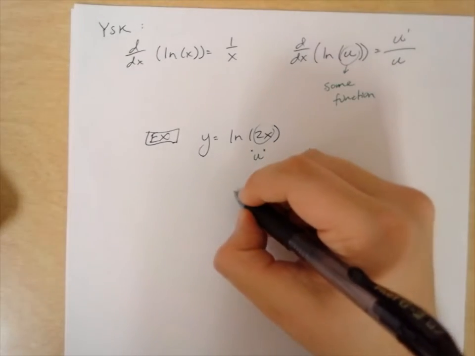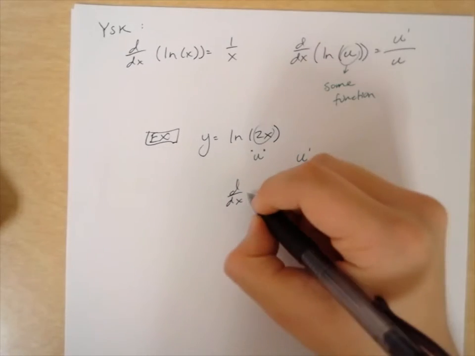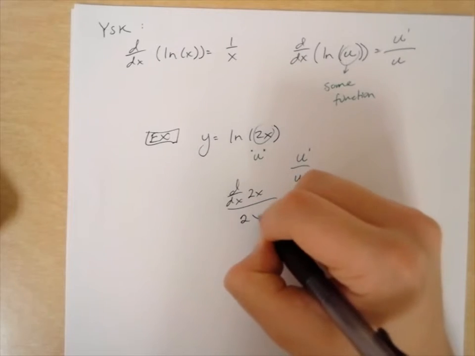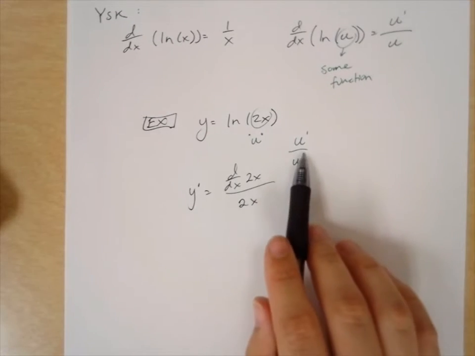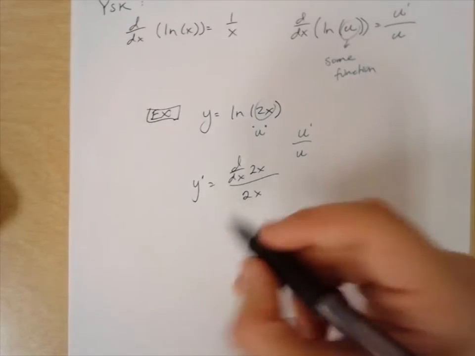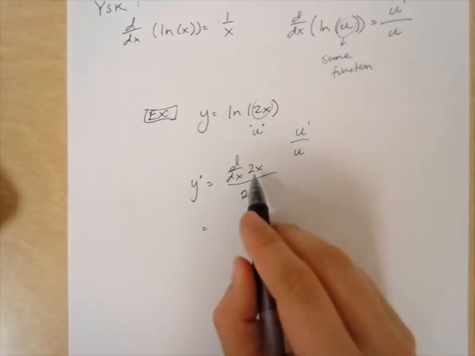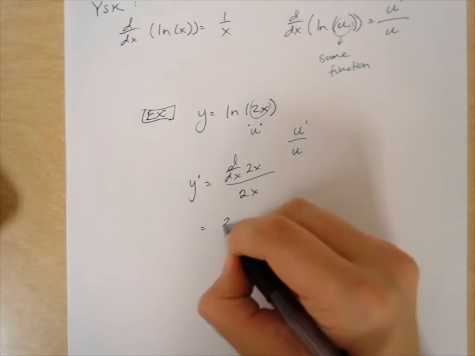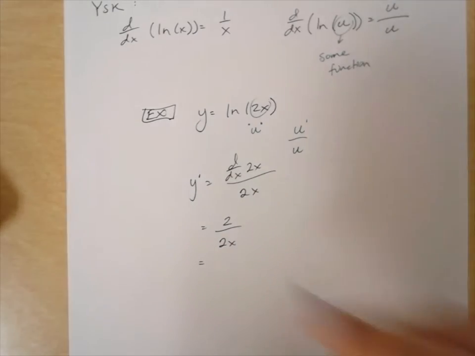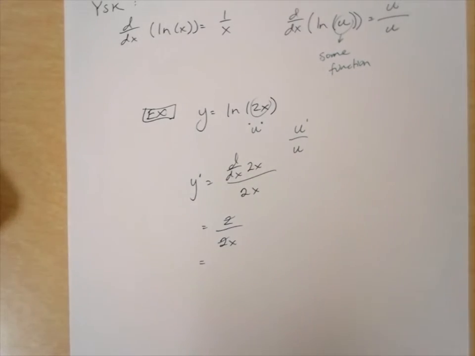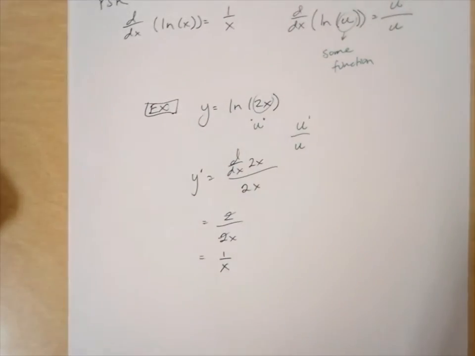If we take the derivative of 2x and put it over 2x, y prime equals the derivative of u over u, the derivative of 2x is just 2, and we'd have 2 over 2x, which, crossing these out, is just 1 over x.